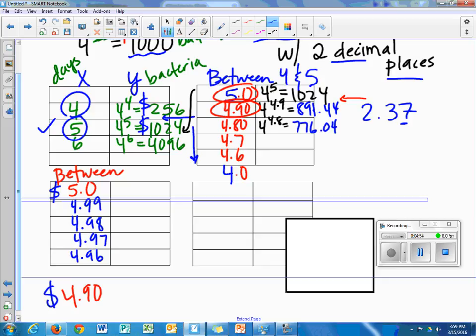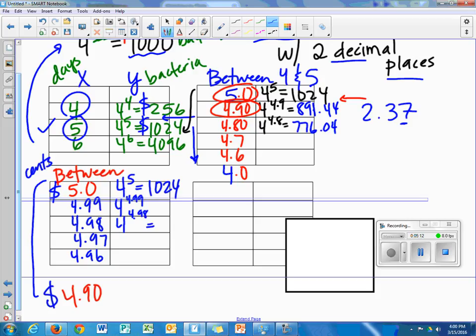So make sure you understand what is in between, going by pennies now, so by cents. Okay, so go back to this equation right here. So it's 4 to the power of 5, which you already know, which is 1024. Then 4 to the 4.99, 4 to the 4.98, and go ahead and type it in and come back when you're ready.